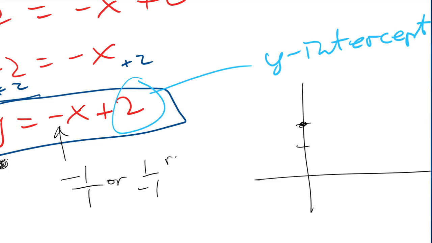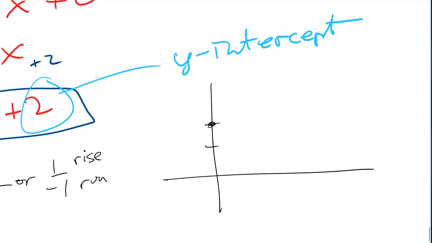So let's just do the second one, rise over run. We're going to take that 2 and rise and run this thing. We're going to go up 1, over 1. Wait, back up. The run is negative, so I'm going to go back 1. So go up 1, back 1, and maybe it ends up there.